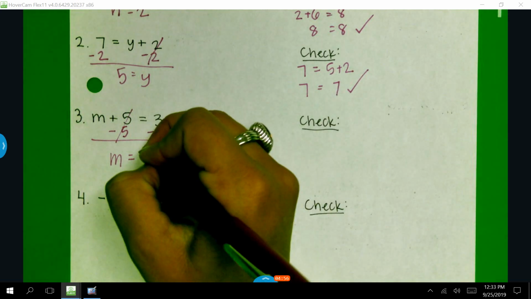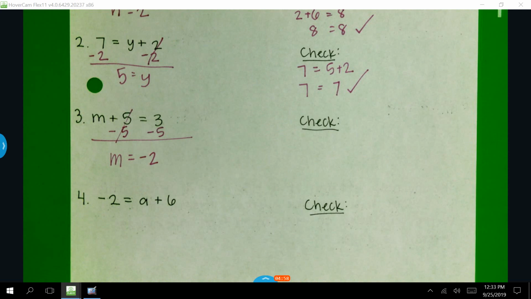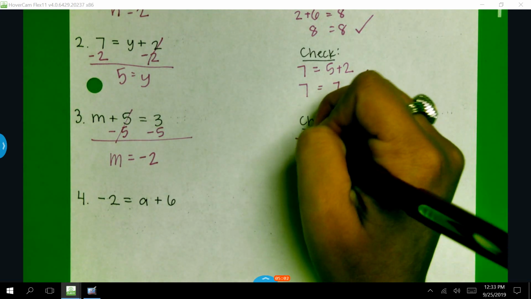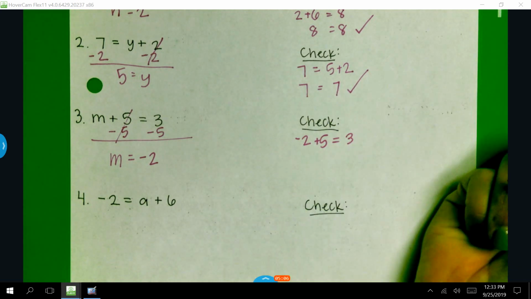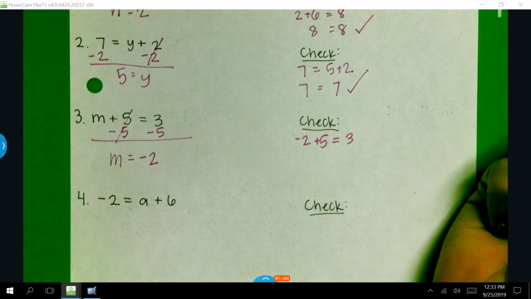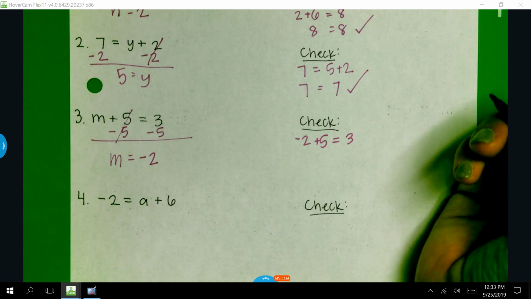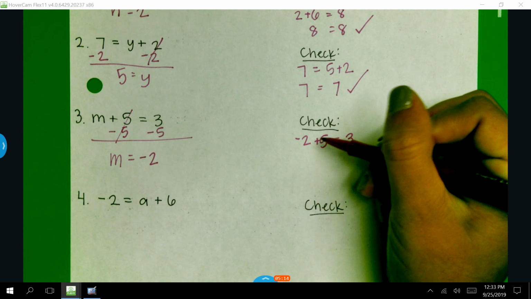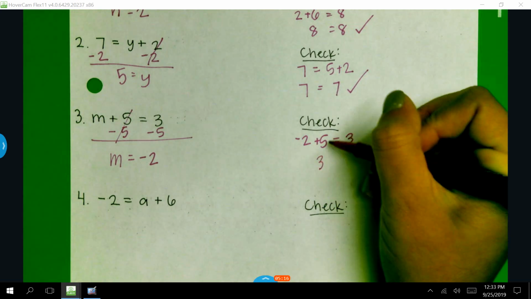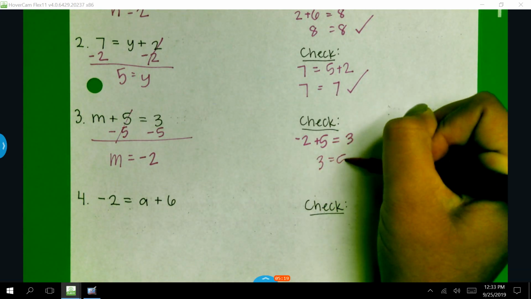Negative 2. If I check it, that means it should be negative 2 plus 5, and that should give me 3. So is negative 2 plus 5 3? Yes. Different signs subtract, so 5 minus 2 gives me 3, and it stays positive because 5 is larger.